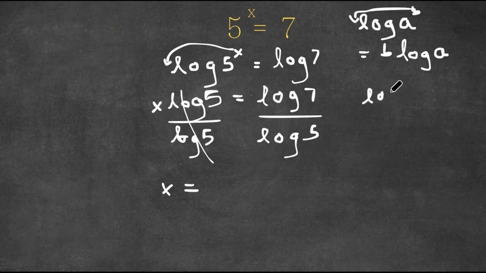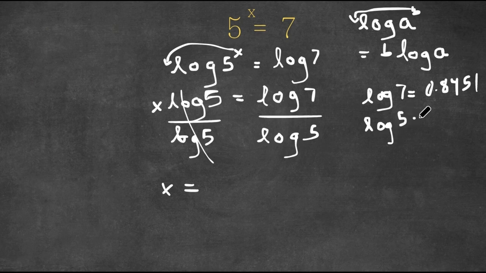Log 7 is equal to approximately 0.8451, and log 5 is equal to approximately 0.6990.